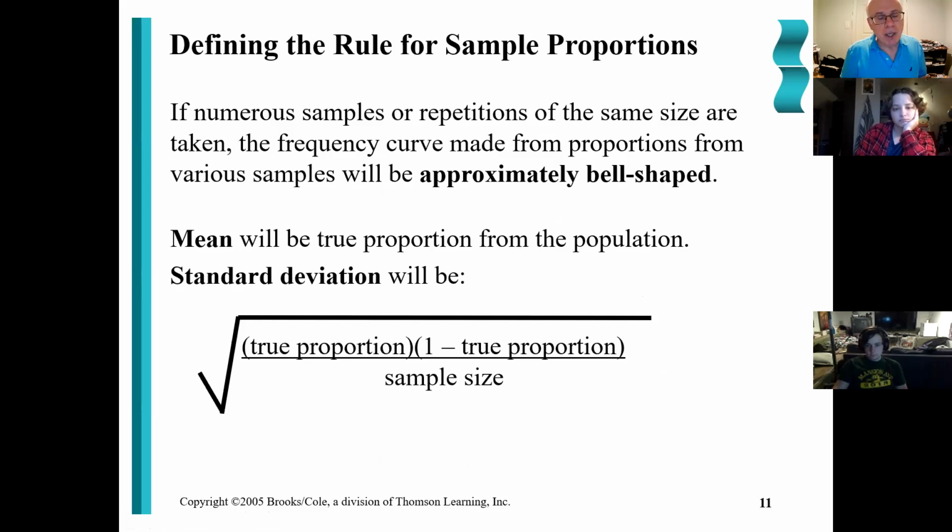Now, what we do in statistics or in research is they take one sample, right? They don't do multiple samples. They take one sample, and they come up with a sample proportion. If it's a consumer products company and they make soft drinks, they say, all right, how many people out of all those polled like this new formula that we've created?